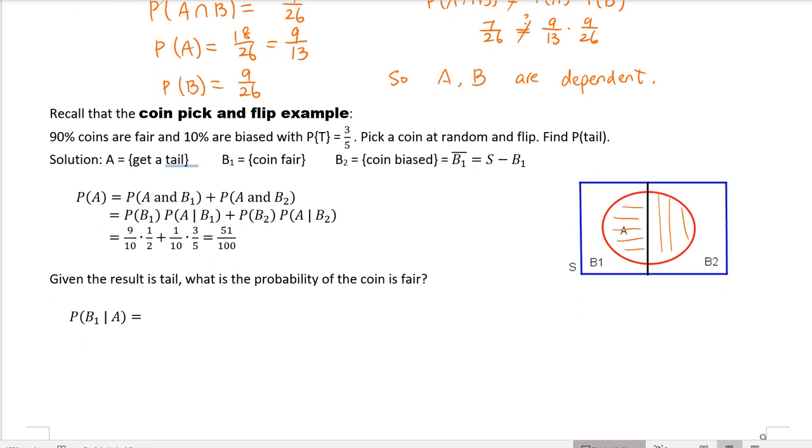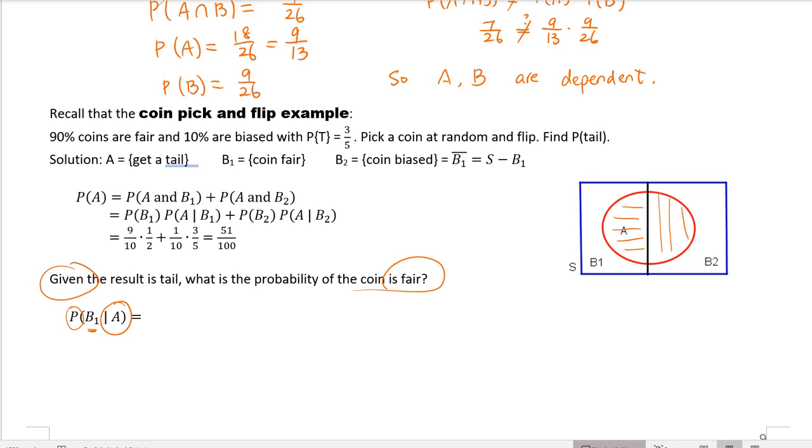So today, let's ask these questions. Given that the result is tail, what is the probability that the coin is fair? Given the result is tail, so this is a conditional probability. So we have P given A. Given the result is tail, what is the probability that the coin is fair? That's B1.